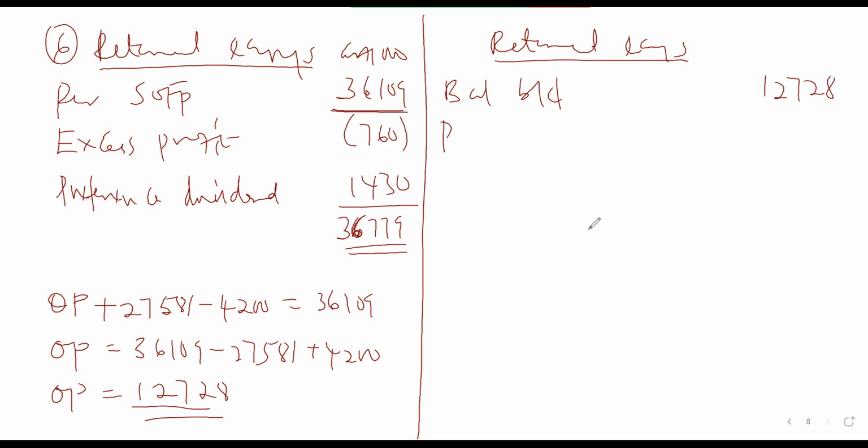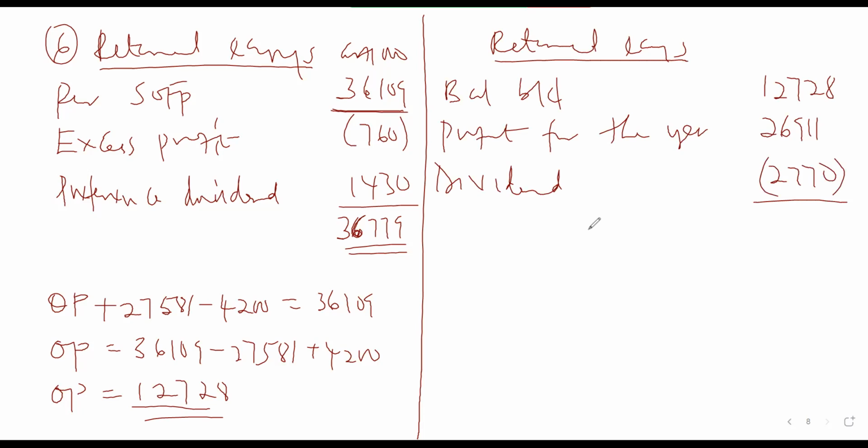Then we now add our profit for the year to it. Profit for the year should be 26,911. Do you agree with that? Yes. Then we less our dividends of 2,770. Are you getting the same figure? To be 36,779.